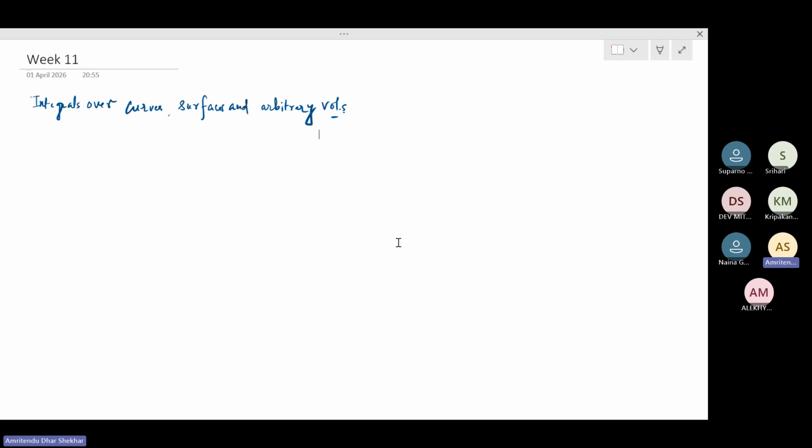So what is an integral technically? If you have a function and you are taking the integral over an interval of the real line, then that is basically what we call a Riemann sum.